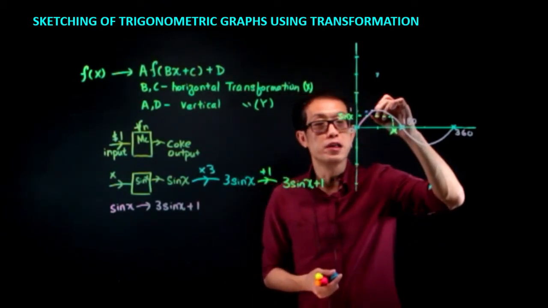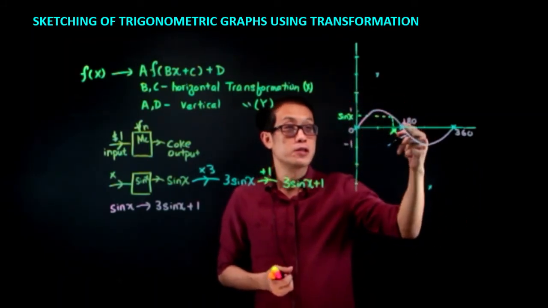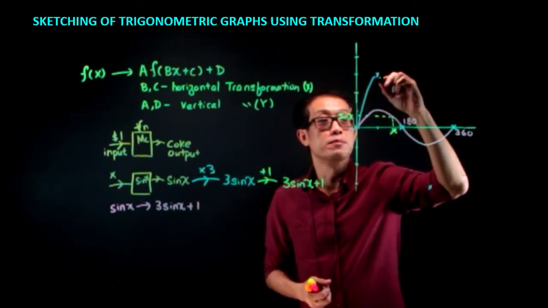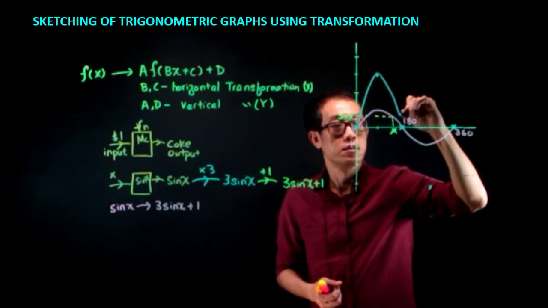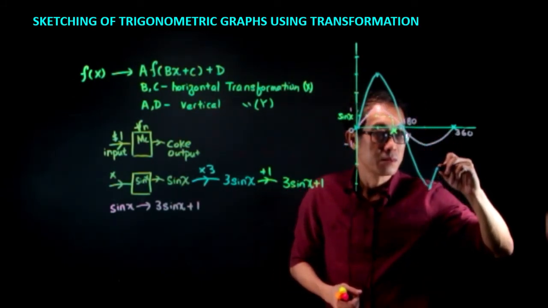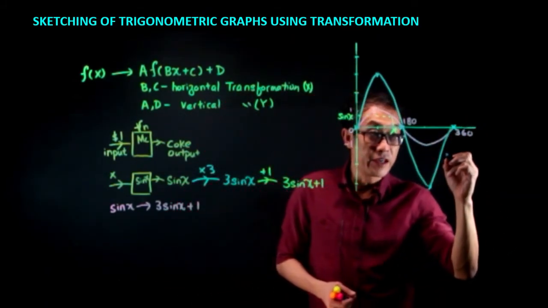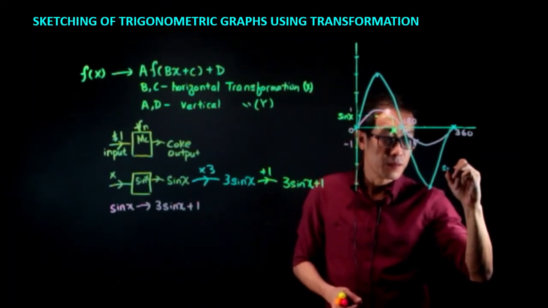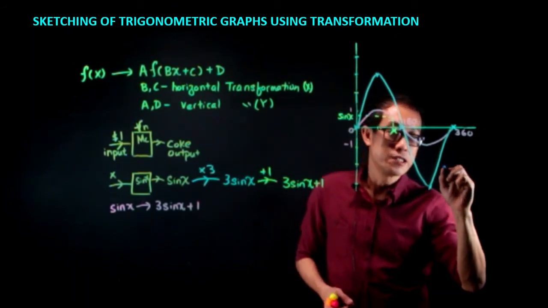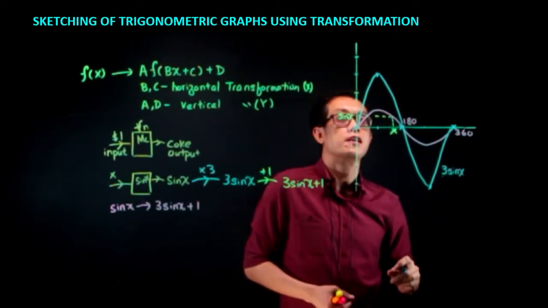And so are the other points; you just multiply by 3. So your new graph looks something like this. This graph is 3 sine x.